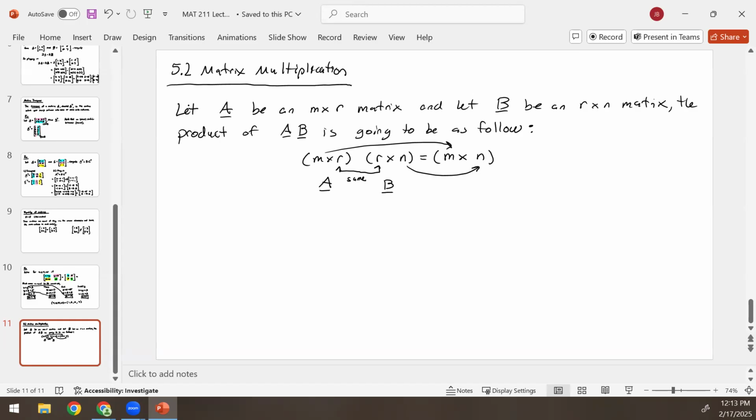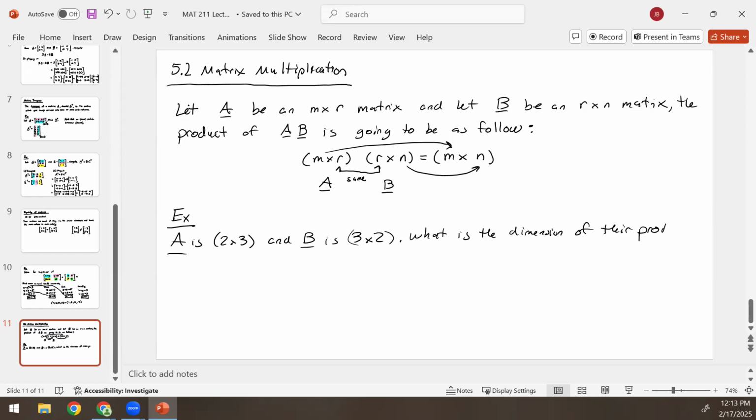So let's just practice that first, and then we'll actually learn how to multiply them. A is 2 by 3, and B is 3 by 2. What is the dimension of their product? And if you can't multiply them, then you just say it's undefined. So 2 by 3 times a 3 by 2.